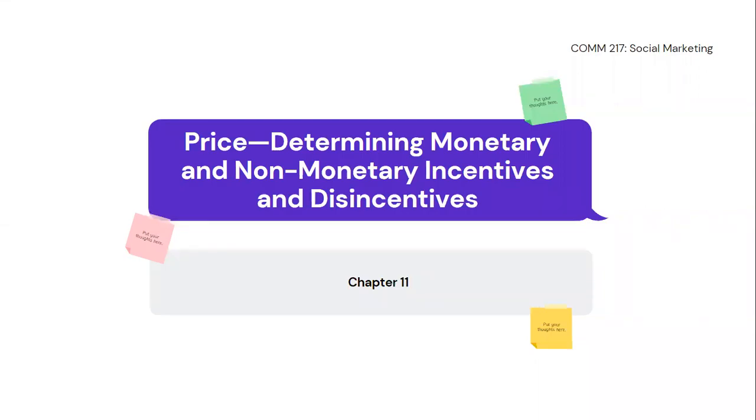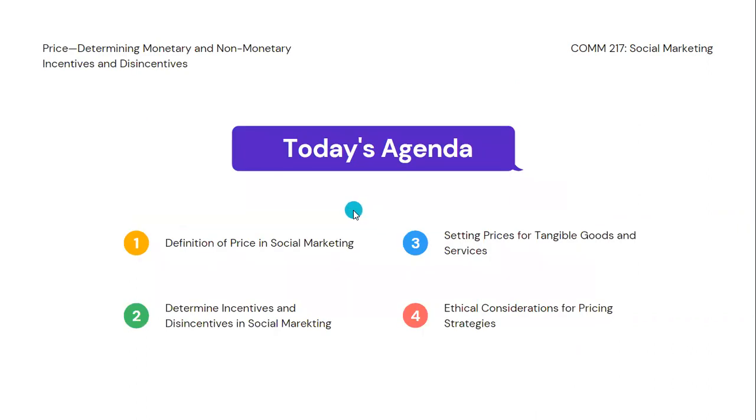Good day, everyone. I will be discussing the monetary and non-monetary incentives and disincentives when setting a price on social marketing campaigns. First, we will be quickly going through the things that we will cover in this module. So first, we will be defining price in social marketing.